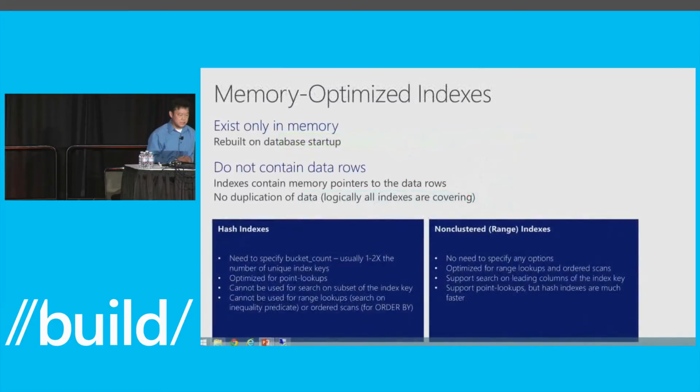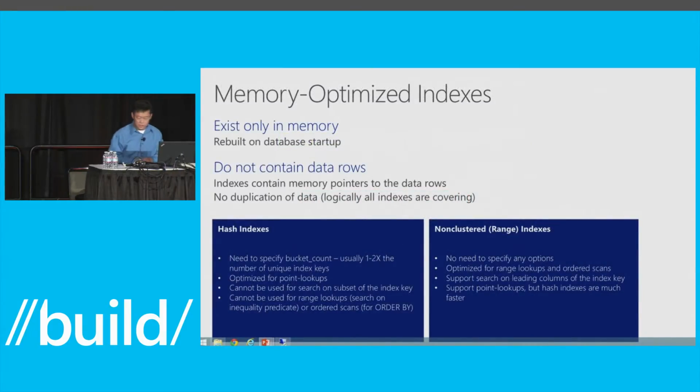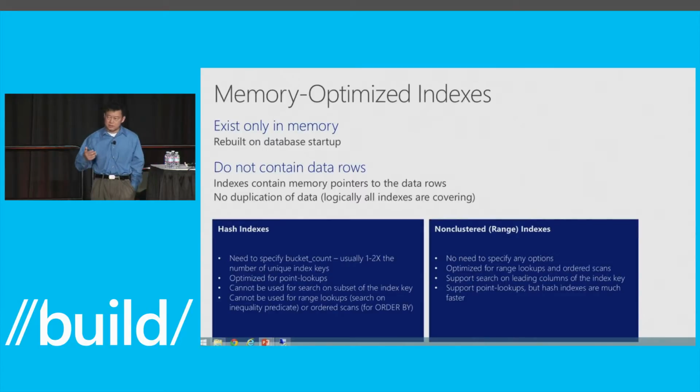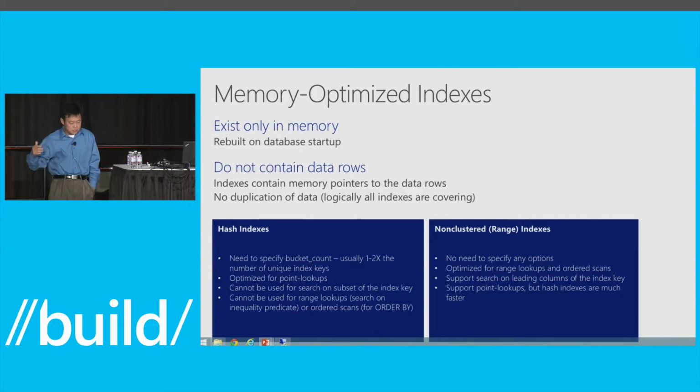So how do you actually organize the data? You have to have at least one index, right? You can't have floating rows sitting in memory that we can't navigate through. So at least you have to have one index defined, and we essentially structure the rows together with the index. And there are two types of indexes.